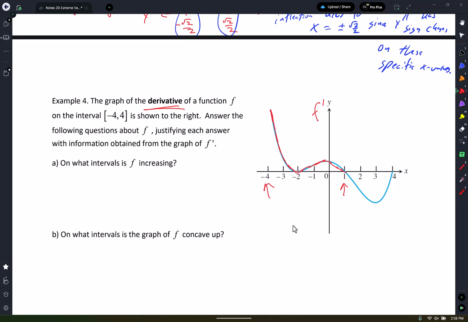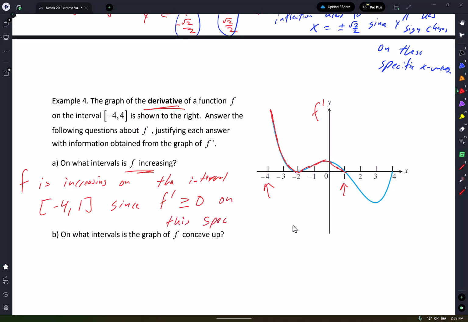So here it is. Are we okay, guys, right now? Make sure to state f. So you're going to write f is increasing on the interval. Remember, for increasing, you use brackets. On the interval, bracket, negative 4, comma, all the way to 1, close bracket, since f prime, and I'm going to write it like this so I don't have to write two separate intervals, greater than or equal to 0 on this specific interval.